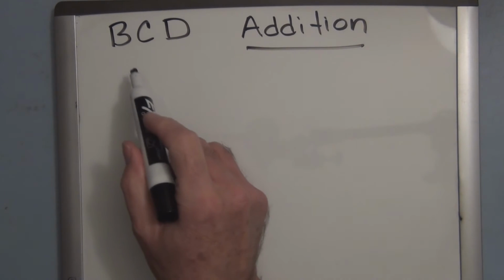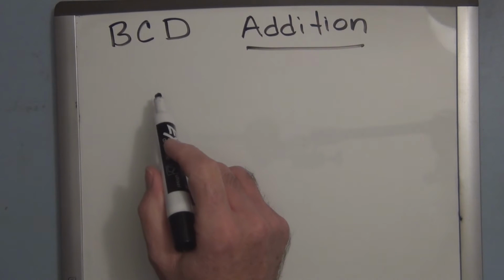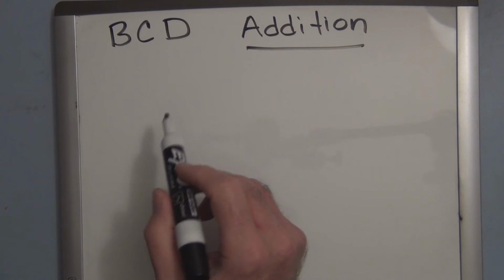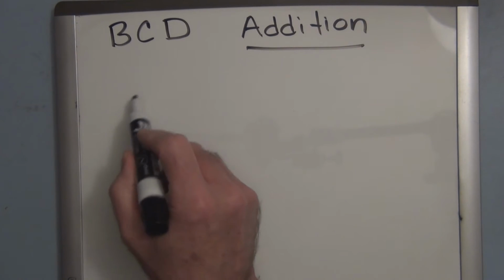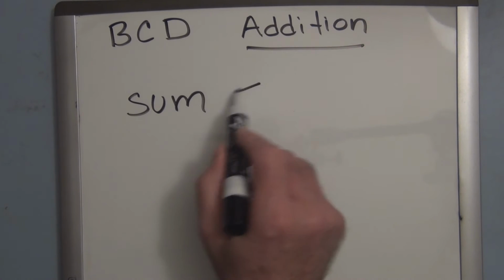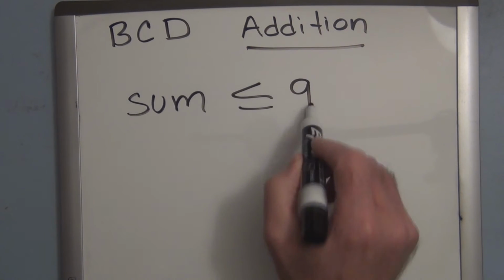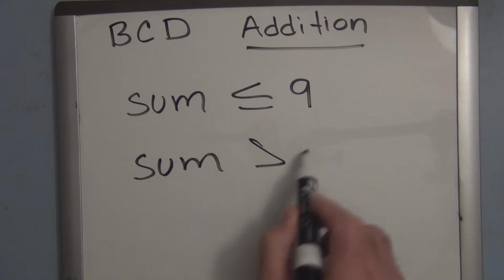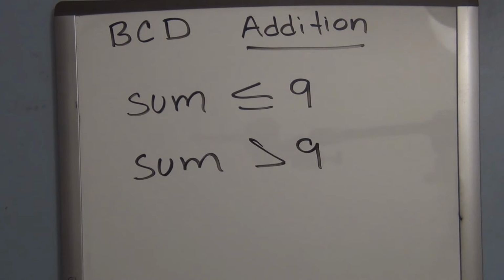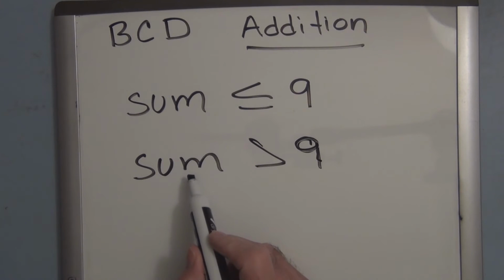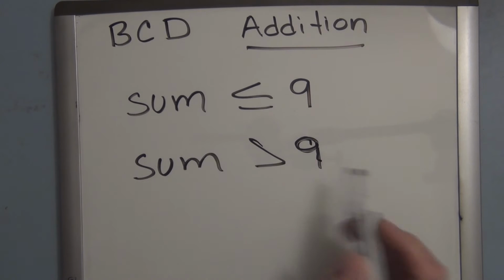When adding 2 binary coded decimal numbers, there are 2 possibilities for any given bit position: the sum is going to be less than or equal to 9, or the sum is going to be greater than 9. What happens when the sum is greater than 9?